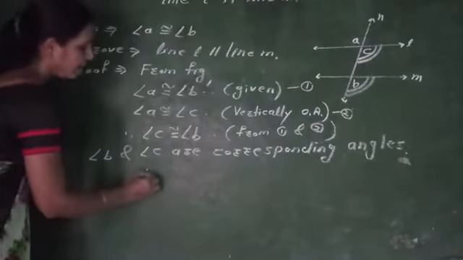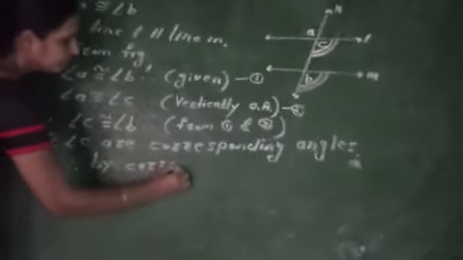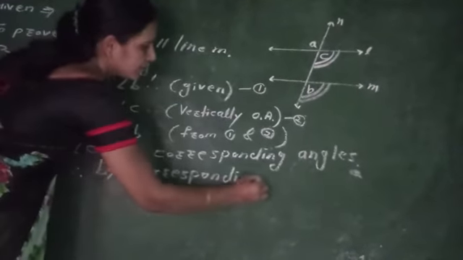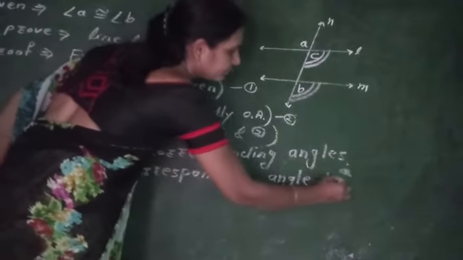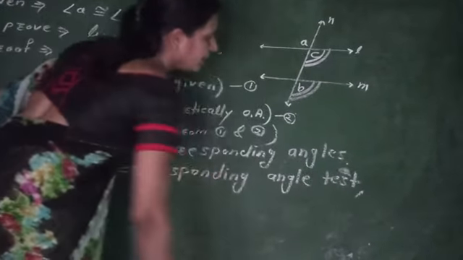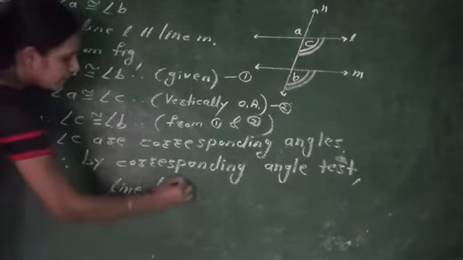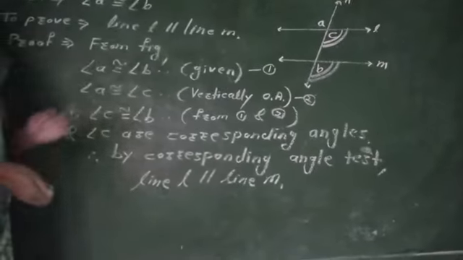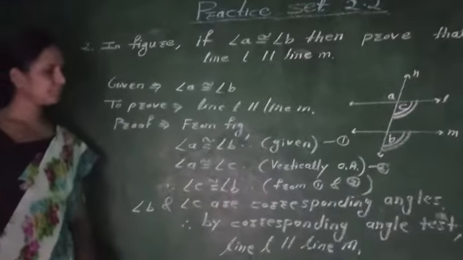Therefore, by the corresponding angle test, we can write that line L is parallel to line M. Hence proved.